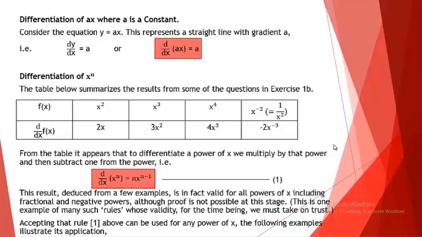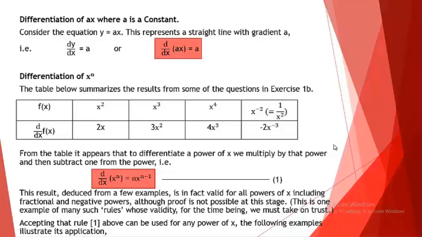The table below summarizes the results for some of the questions in exercise 1B, which we had in our differentiation part 1 tutorial. So if you look at the table, f of x and the derivative of f of x with respect to x is given. x squared would give us 2x, x cubed would give us 3x squared, x to the power 4 gives us 4x cubed, and x to the power negative 2, which equals 1 over x squared, gives negative 2x to the power negative 3.